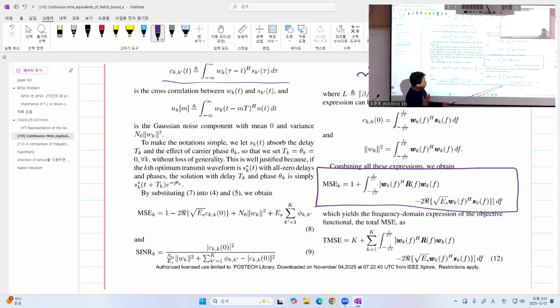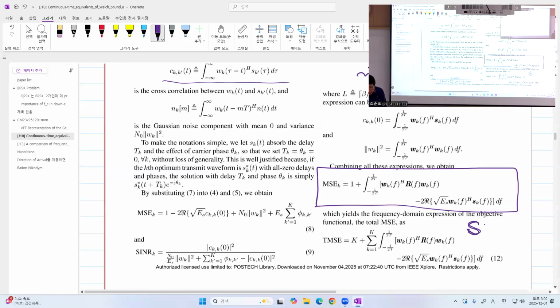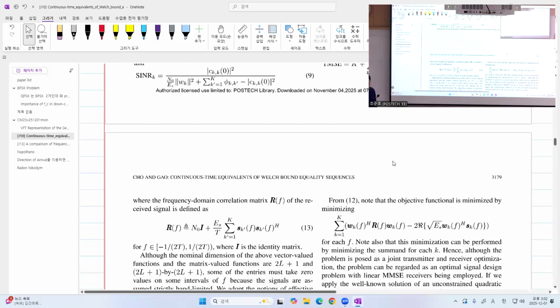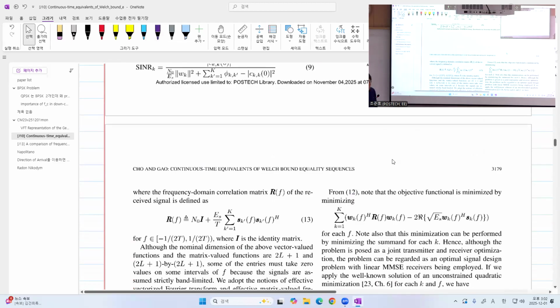The problem is that we want to optimize not only W_k, not only S_k, but also all the other W_k's and S_k's inside this one. So it looks horrible, but if we just define this S matrix containing all the vectorized Fourier transforms of S, then we may rewrite it this way.